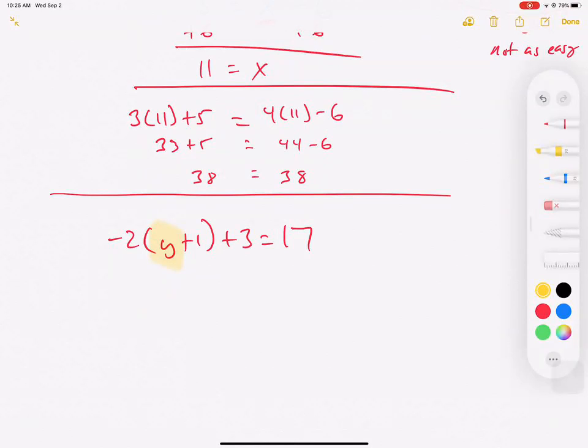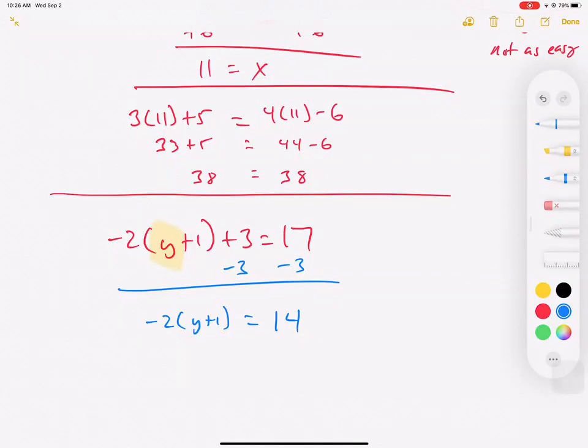So let's try it. If I get rid of the 3, would this be easy or not if I just subtract 3 from both sides? Yeah, it would be negative 2 times (y plus 1) is equal to 14. Now, what is the negative 2 doing to the parentheses?